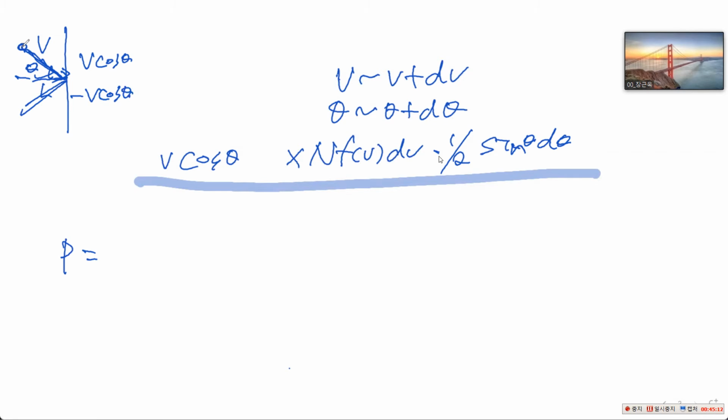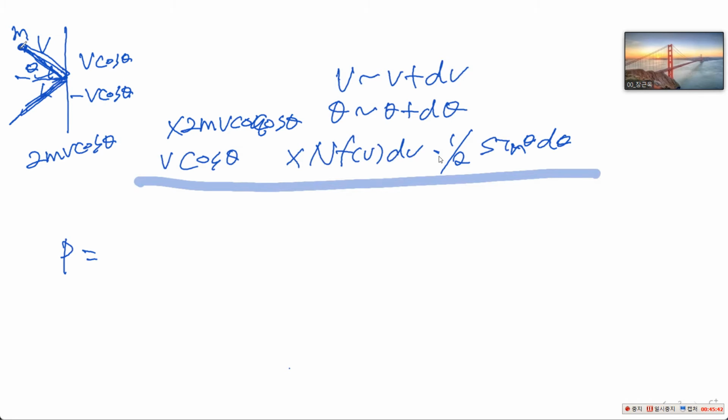Then if the particle mass is m, the change of momentum is 2mv cosine theta. The change of momentum, going in with v cosine theta and going out with minus v cosine theta, becomes 2mv cosine theta. So we also multiply by 2mv cosine theta to calculate total pressure.